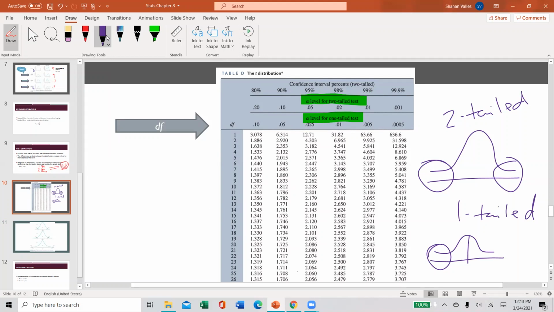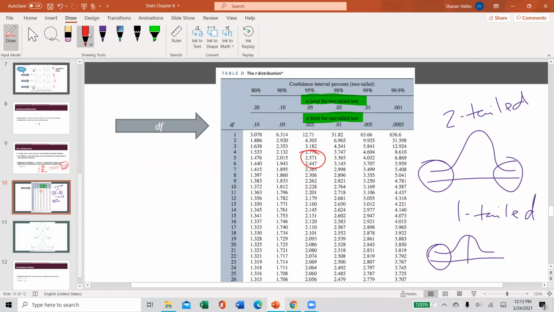This is where I get a little bit frustrated because it doesn't really make sense until next chapter. But what we are ultimately going to do is find a number that we're going to use as a cutoff point. Anything above or below that number is going to tell us whether we have significant results or not. This comes up later in chapter 9, but I just want you to know why I'm talking about this.